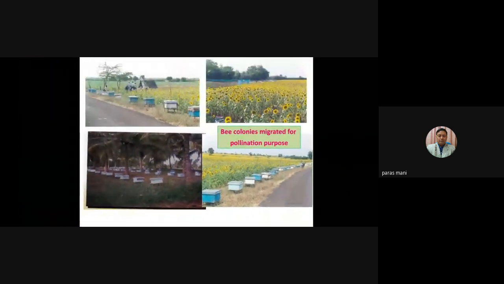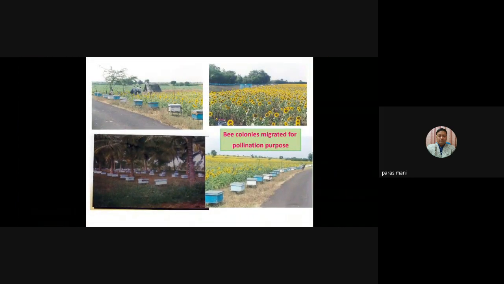Abroad, in different countries, in Israel, the USA, and Australia, they use these honeybees, Apis mellifera, for pollination in avocado.